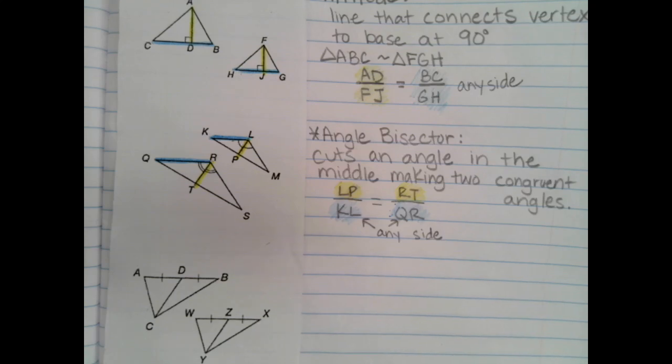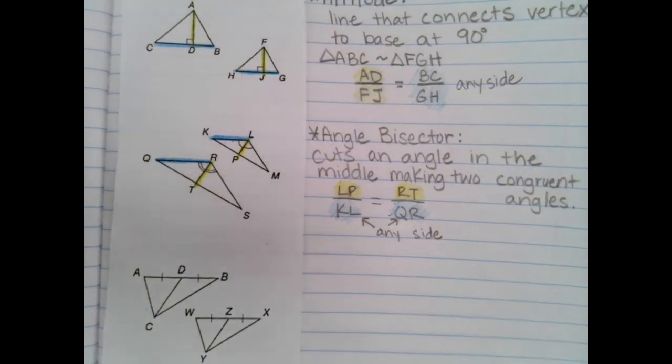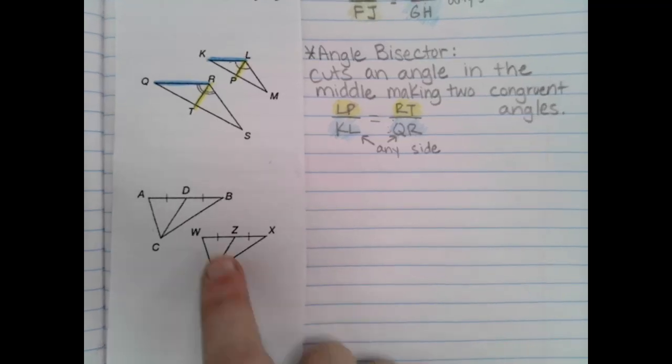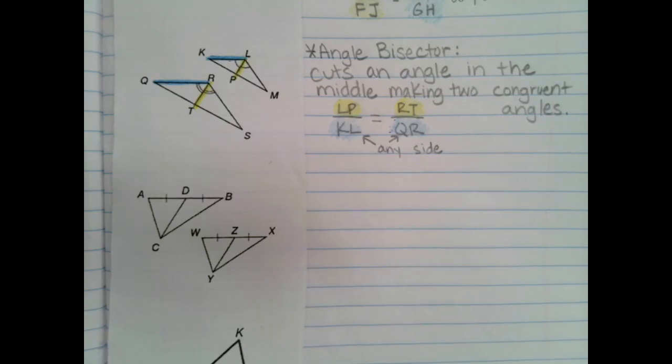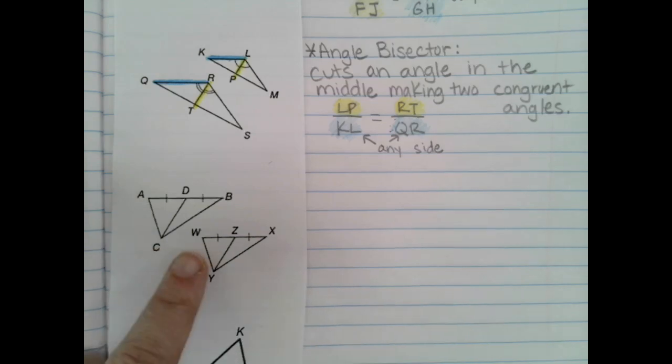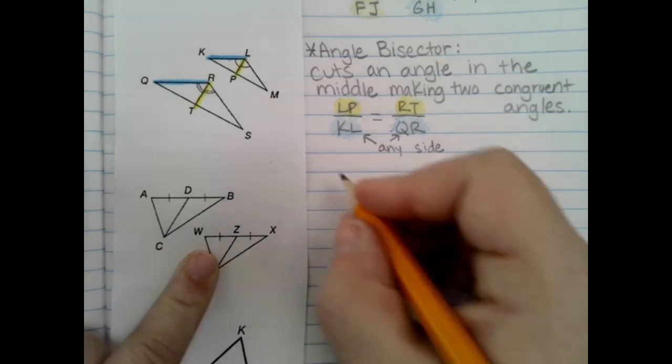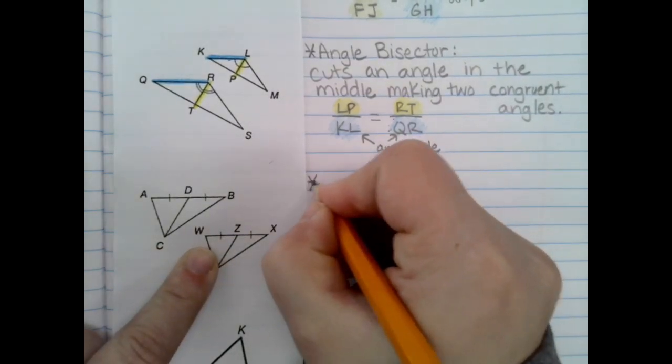All right, we have two more. Next up, we're splitting something in half, but what part are we splitting in half this time? An angle or a side? Yeah, a side. So this time we're splitting a side in half. We have a special name for that. We call that a median.